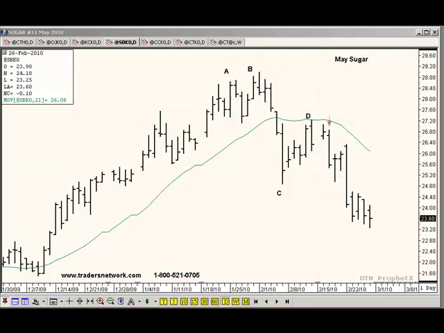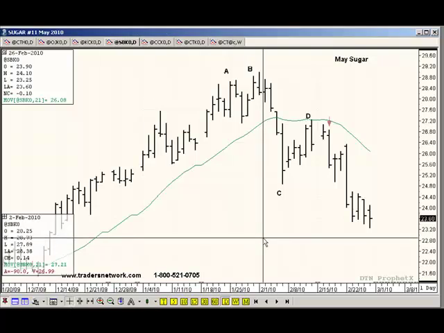Okay, I'm going to take you back now and show you how I come up with the reversal dates and the price projections. The first thing I typically do, once I have the D pivot point and the C pivot determined, so I know that is my reaction swing, is do my reverse count to look back in time to measure the reaction segment. I just did this by counting the bars: 1, 2, 3, 4, 5, 6, 7, 8, 9, going back to the beginning of the TR pattern.